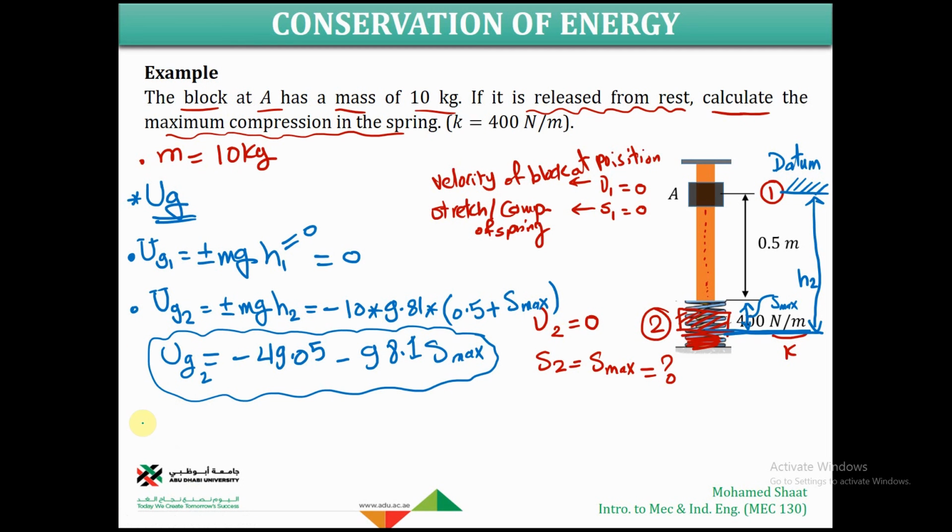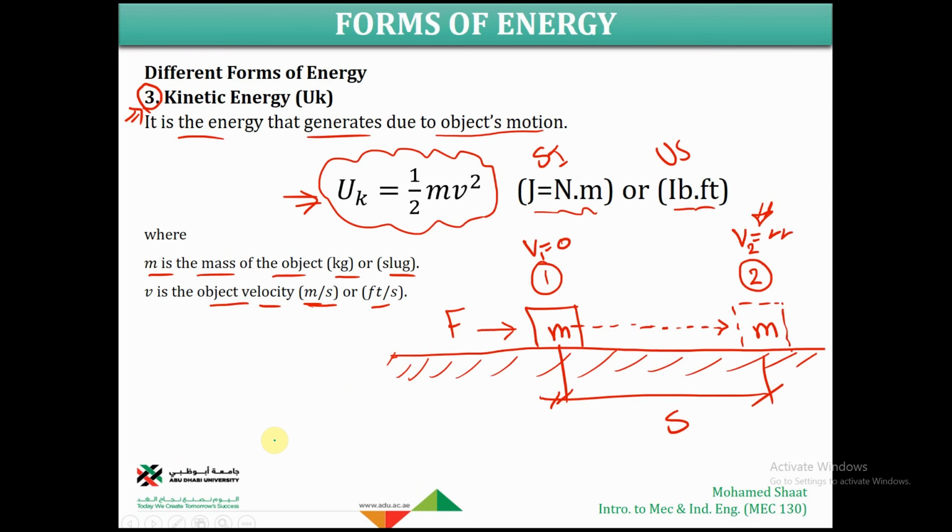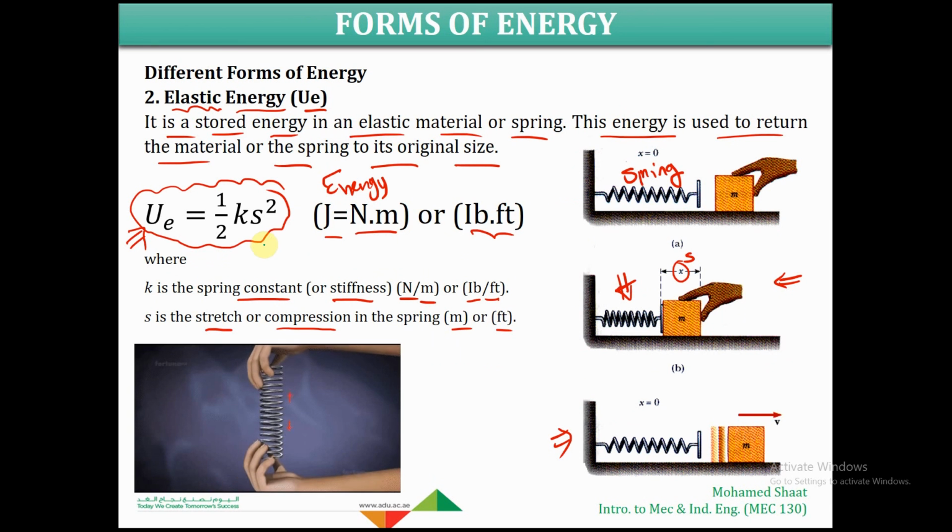How can we calculate the elastic energy, U elastic? We are required to calculate the elastic energy at position 1 and position 2. The elastic energy is a simple thing. We define the elastic energy as half K S squared. K stands for the stiffness of the spring. S stands for the stretch or the compression in the spring.